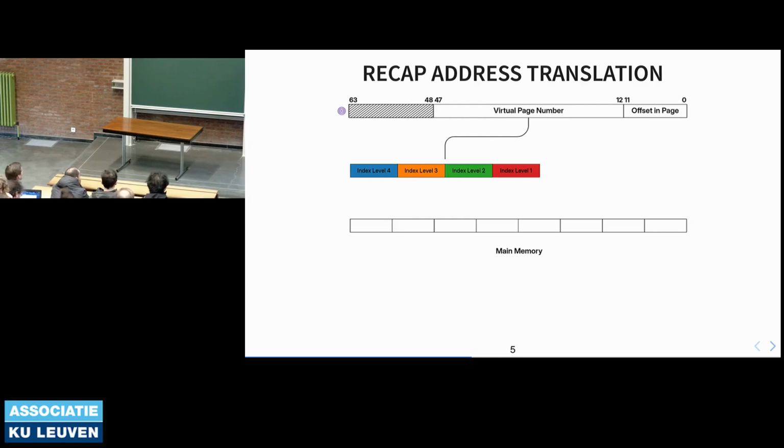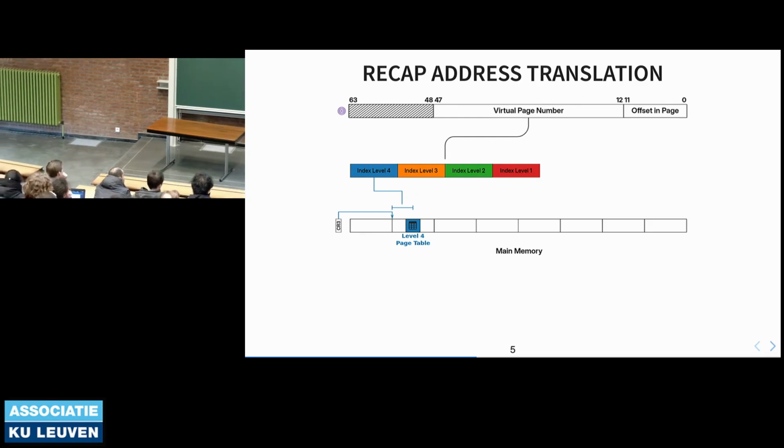We first use a special CR3 register, which gives us the so-called root page table, or in this case, the level 4 page table. And then we use the 9 most significant bits of the virtual page number to index this level 4 page table, which gives us the level 4 page table entry. And this level 4 page table entry again gives us the base physical address of the level 3 page table.